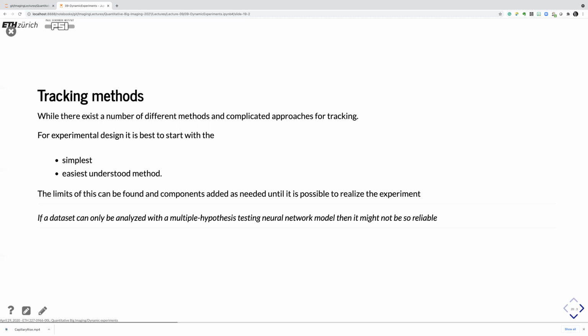So don't start with a big gun and try some kind of extreme multi-hypothesis neural network model. It's probably too complicated. So look first for the easier models and see if they work. And if that's not sufficient, then you have to go on to the next, more complicated.